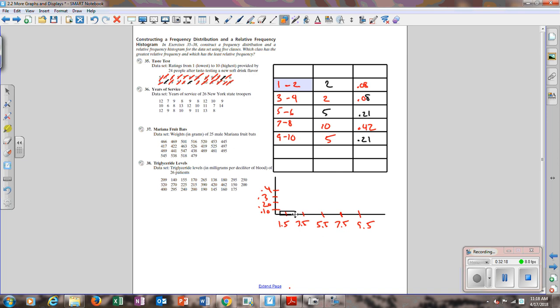This will be about 8%. We're going to go up to 21%. And 42%.